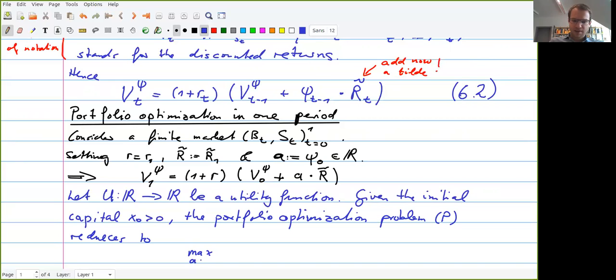So the self-financing trading strategies are just constants.